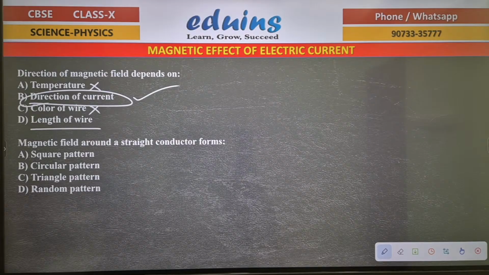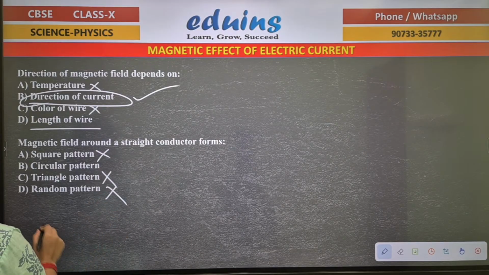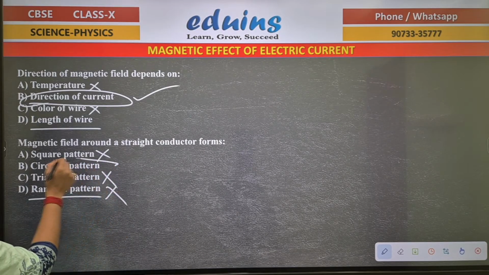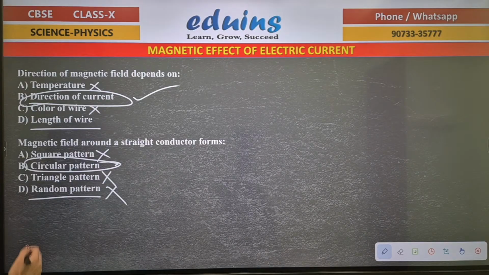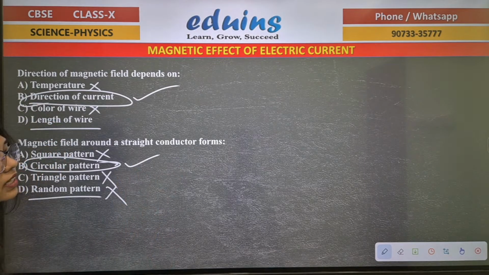So, the magnetic field around a straight conductor doesn't form a square pattern or a triangle pattern and also not a random pattern. It is oriented in a circular pattern. So, option B is the correct answer here.